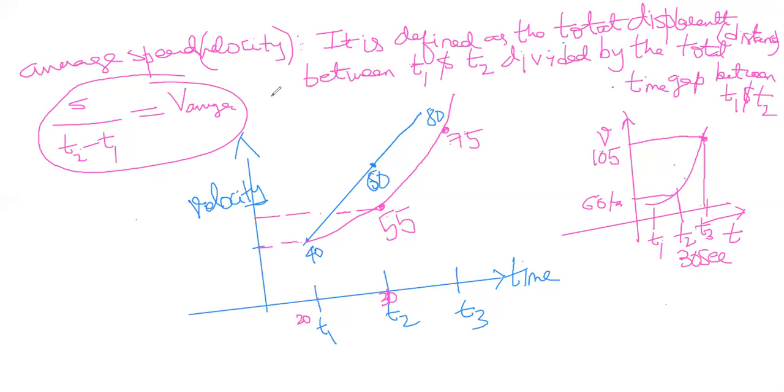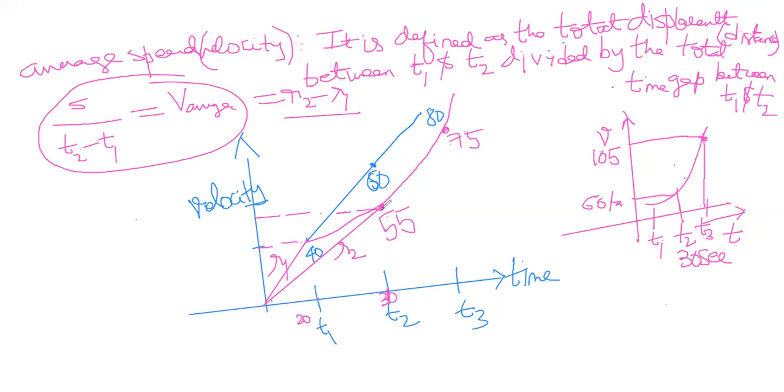In your Cengage book, what he has written, instead of S, he has written R2 minus R1. Of course, R2 minus R1 is S. Why R2 minus R1? You should know what is R2 and what is R1. See, this is R1.